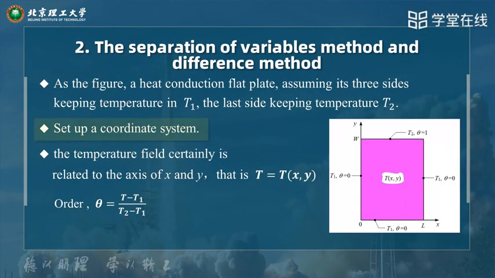Set up the coordinate system. The temperature field is T equals T(x, y), a function of x and y. For convenience, we set theta equals (T minus T1) over (T2 minus T1).